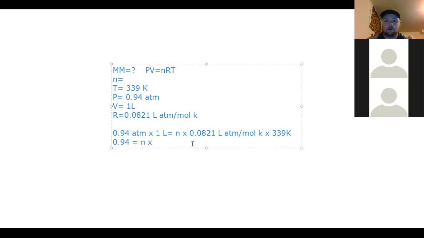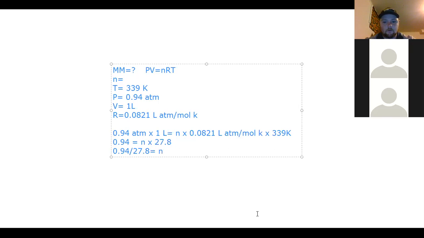Okay, and so that'll come out to be 27.8. Okay, now you're going to need to divide both sides by 27.8, so 0.94 divided by 27.8, okay, going to be equal to n.